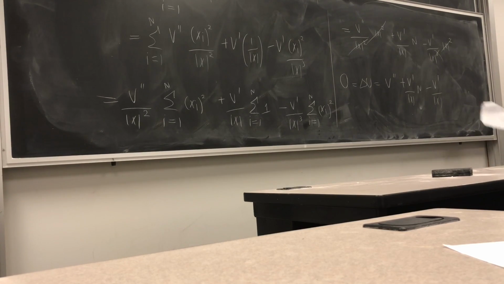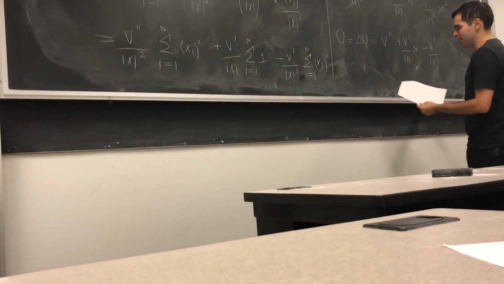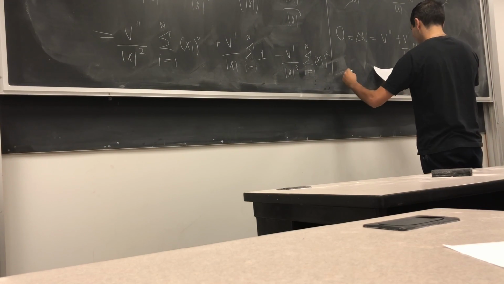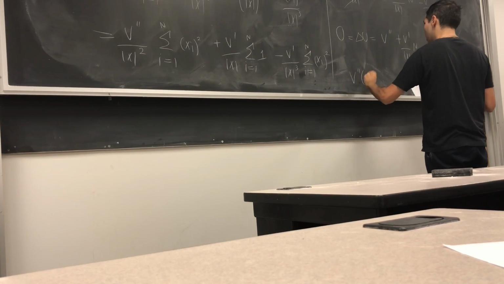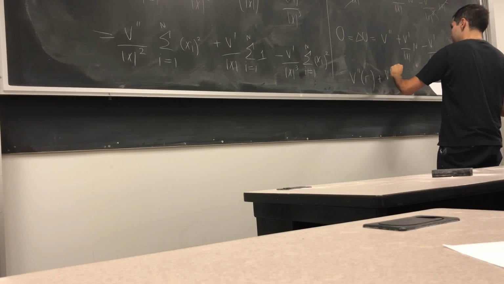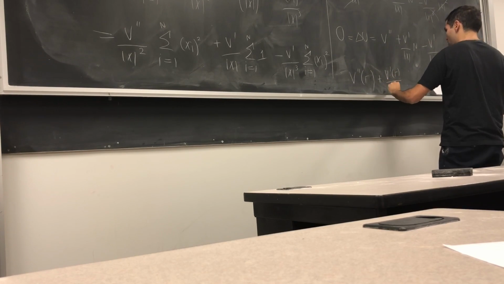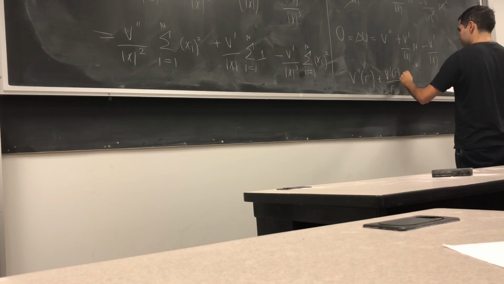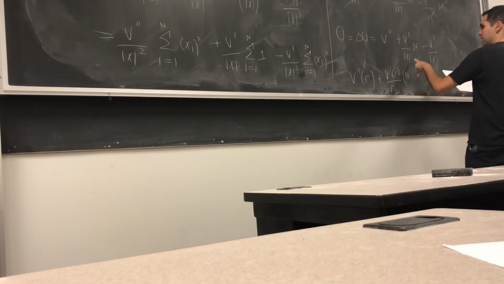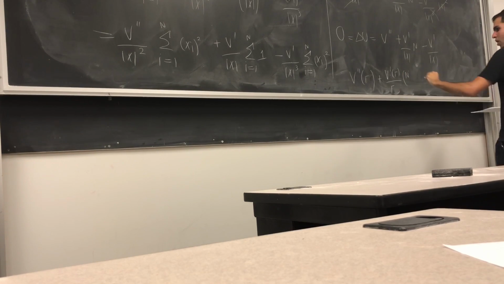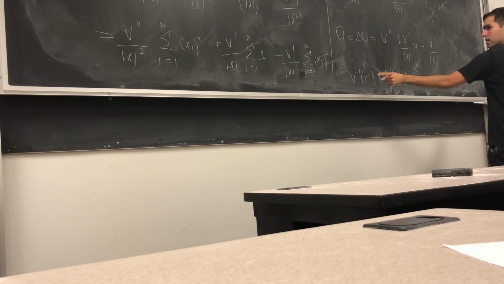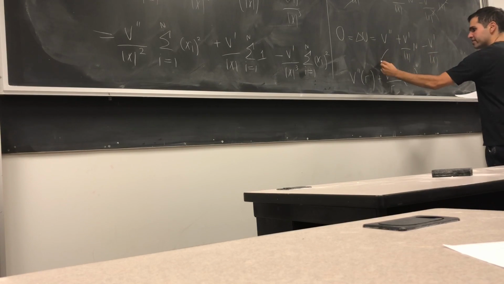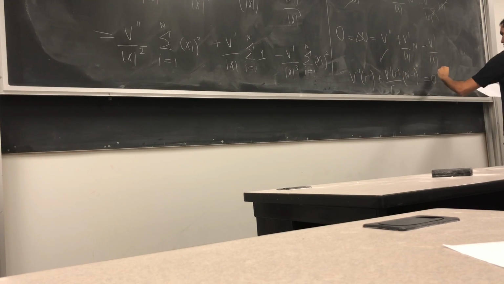And remember, length of x is just r, just a different way of writing this. So v double prime of r plus v prime of r over r times, if you want, n minus 1, so this becomes this, and we want this to be equal to 0.